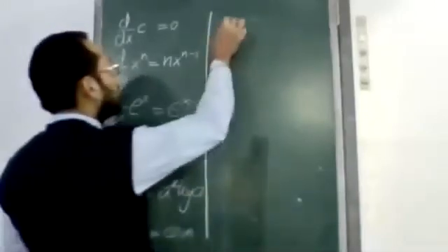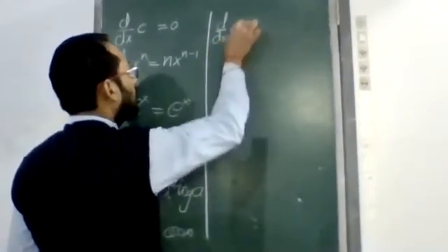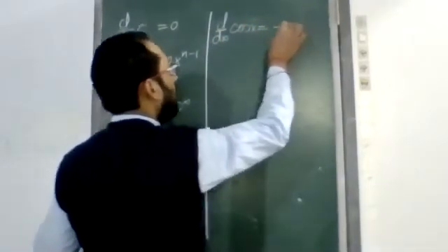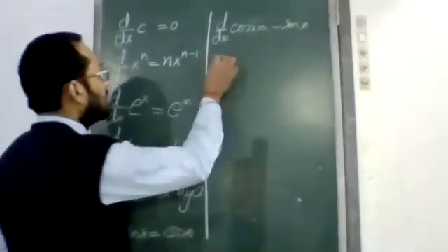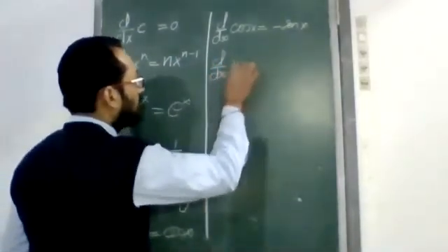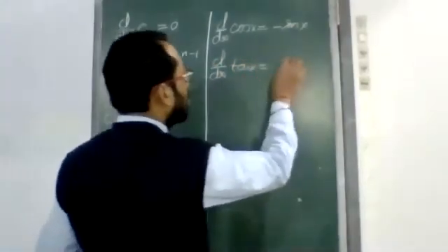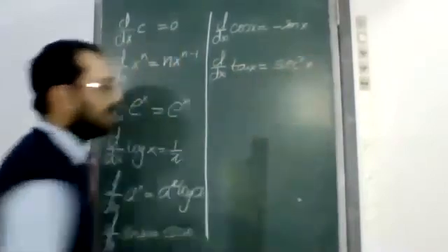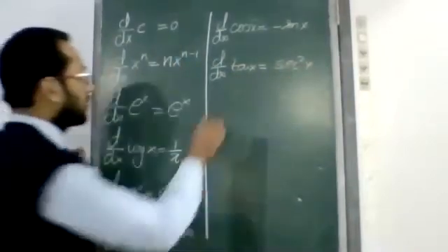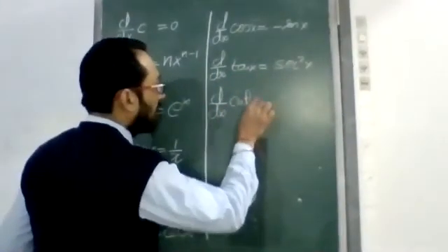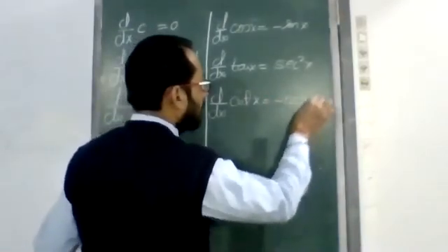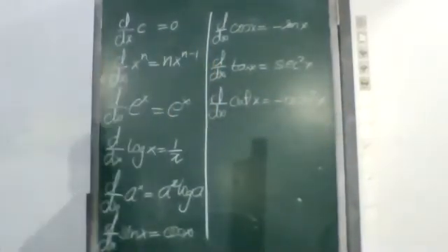Now, differentiation of cos x is minus sin x. Then differentiation of tan x is sec square x. Differentiation of cot x is minus cosec square x.